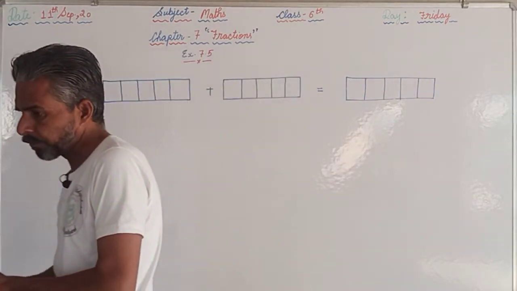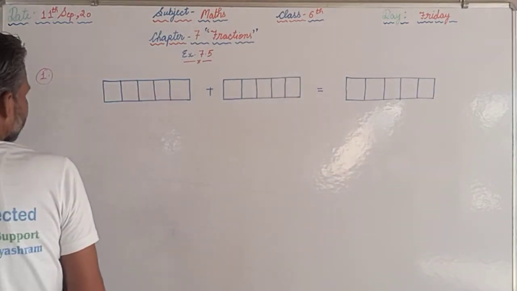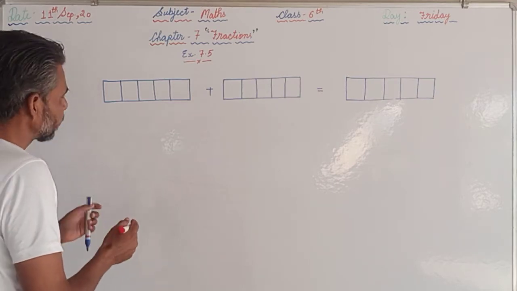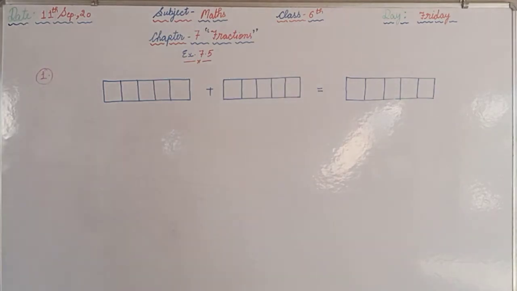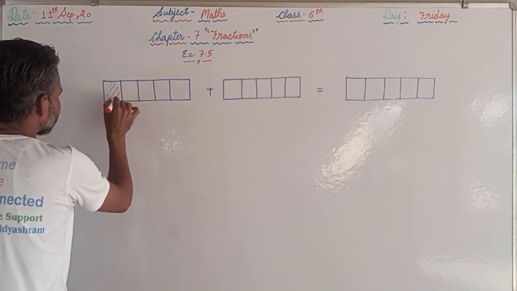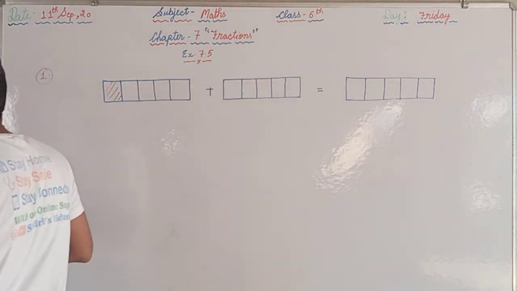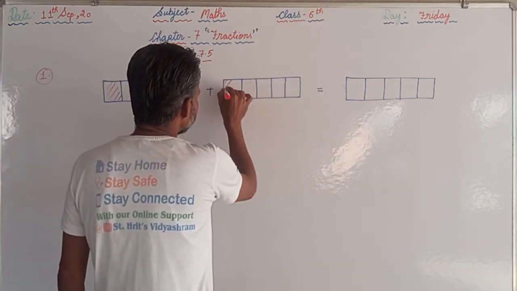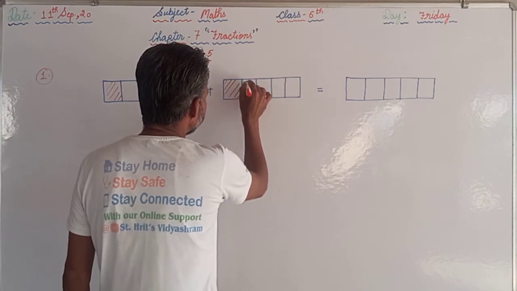Like this the diagram is given. We are supposed to mention the fractions, and some of the parts are shaded here. In this, two parts have been shaded.